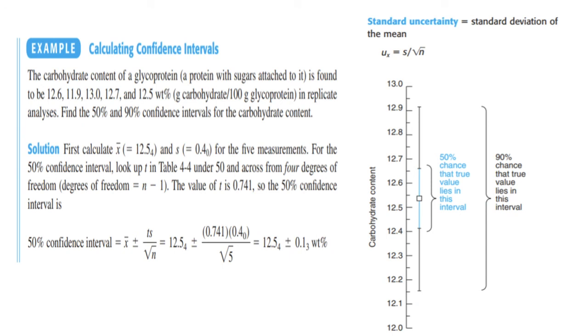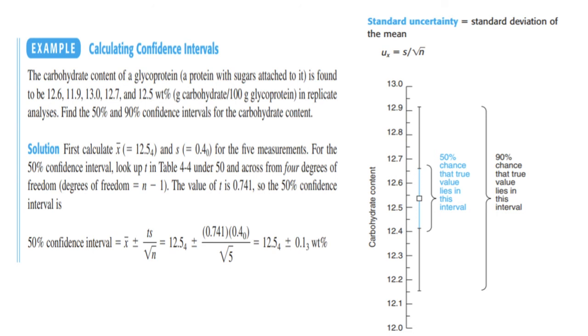The carbohydrate content of a glycoprotein is found to be 12.6, 11.9, 13.0, 12.7, and 12.5 weight percent. So that means grams of carbohydrate per 100 grams of glycoprotein, from replicate analysis. Find the 50% confidence interval for the carbohydrate content.